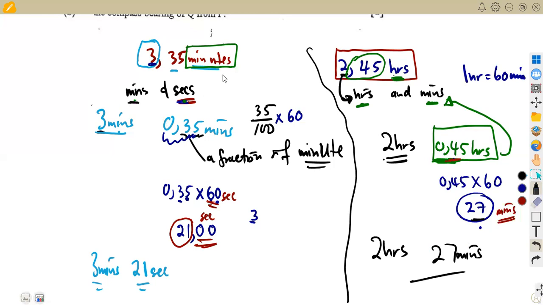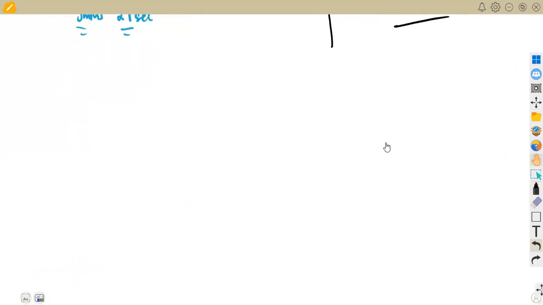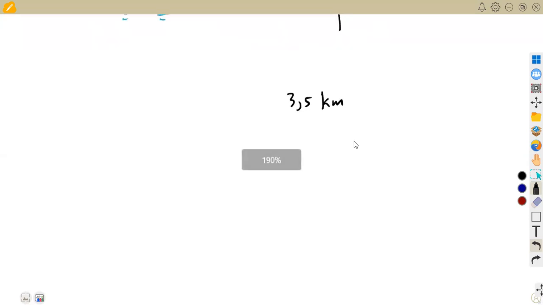It can also affect even a distance. It's not about time, it can even affect distance. 3.5 kilometers can be expressed in kilometers and meters, where they want to know how many kilometers we have and the meters.